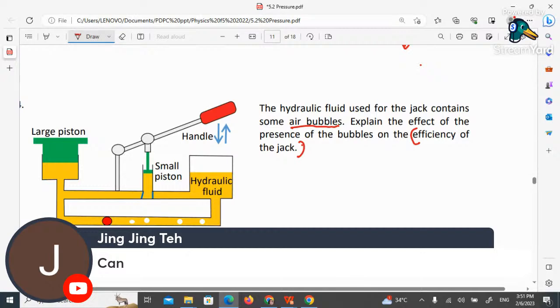What happens to the car? Can the large piston lift the load or not? What is the effect? Can anyone give a response to this?